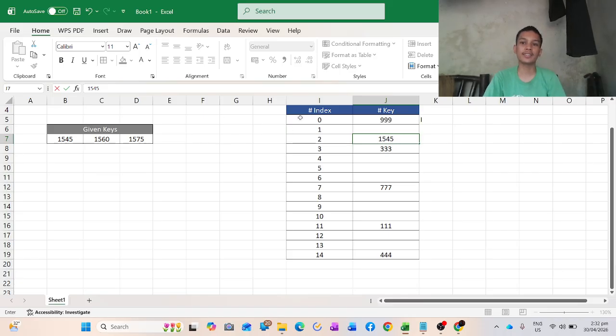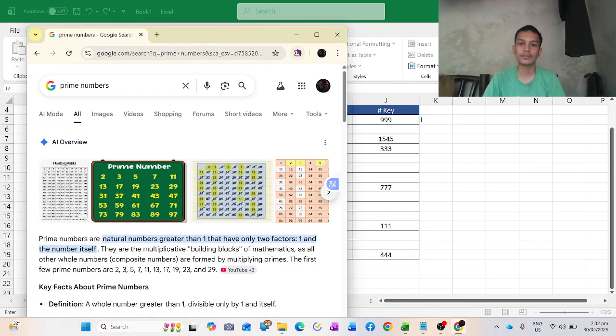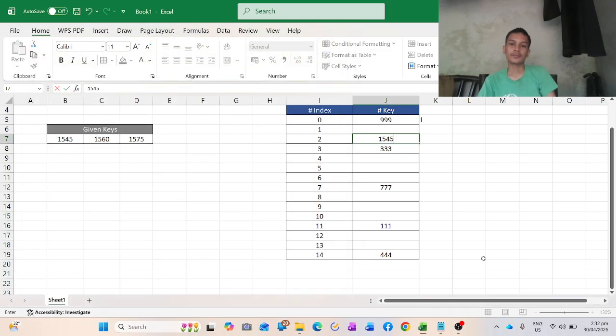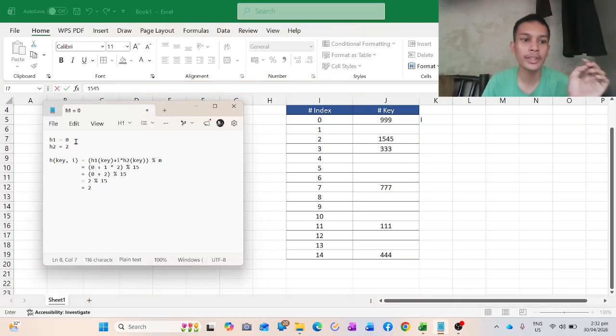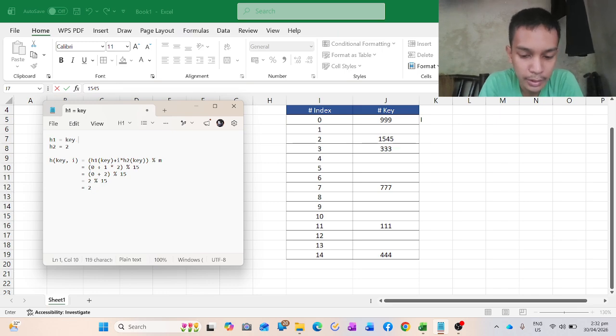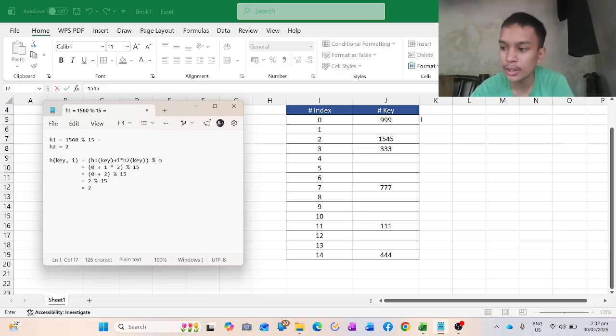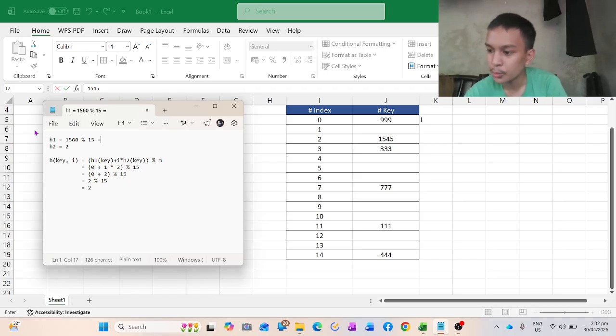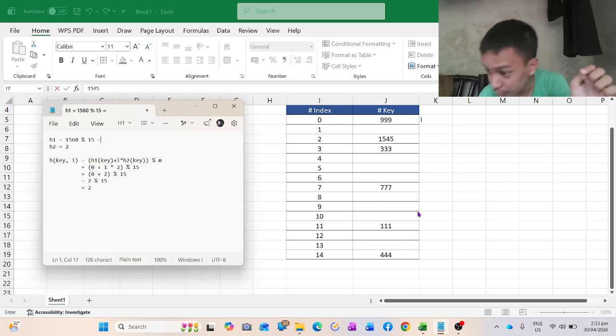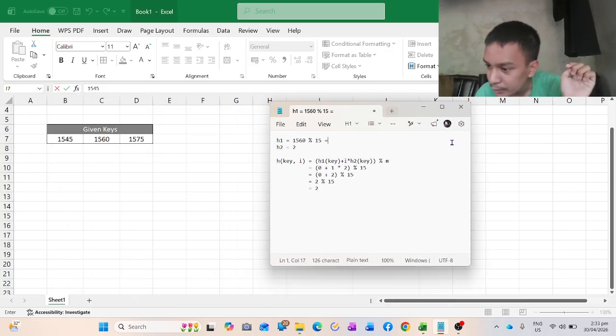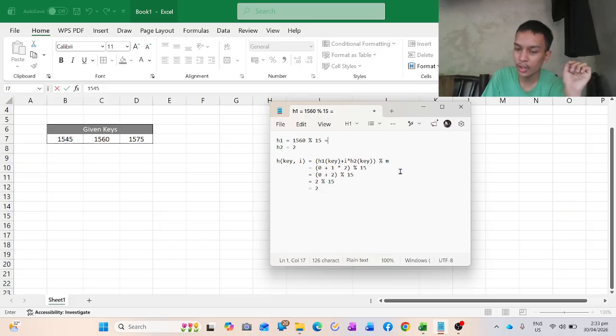Now we're going to solve 1560. We're going to solve H1, which is key modulo M, 1560 and 15. 1560 divided by 15 is equal to 104 with the remainder of 0.